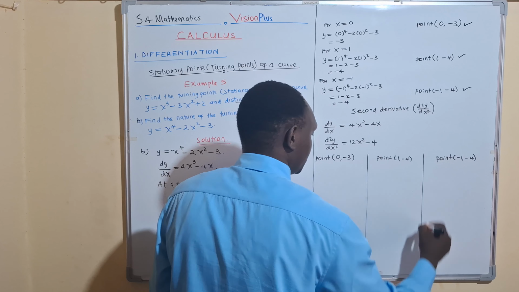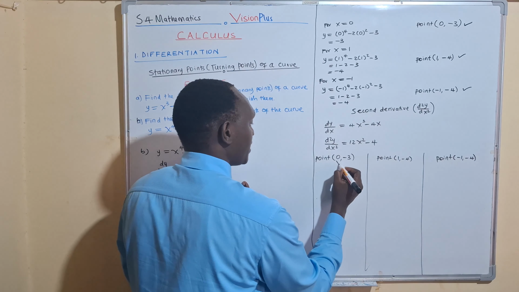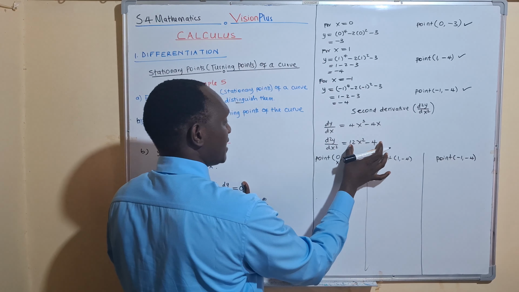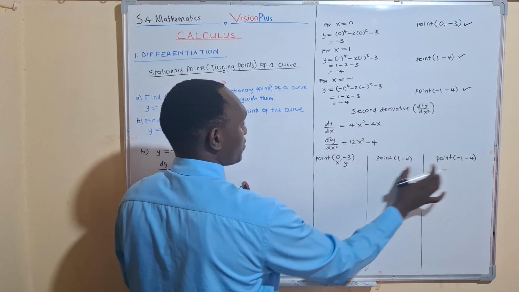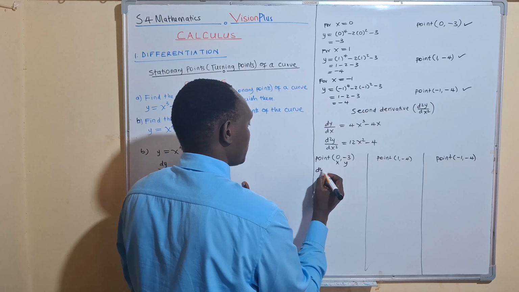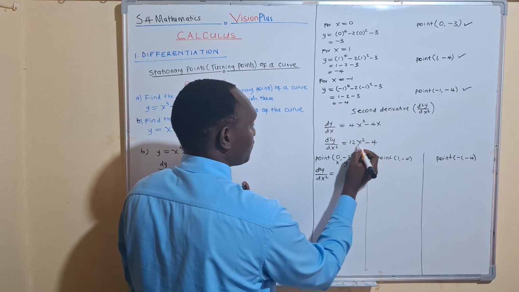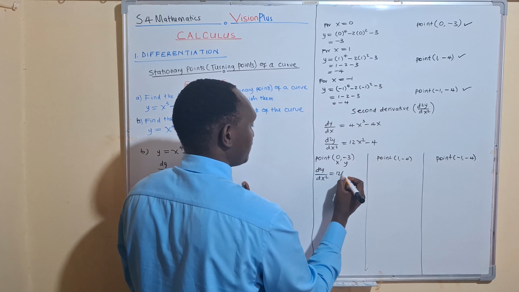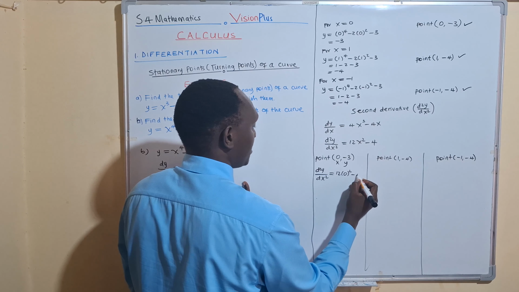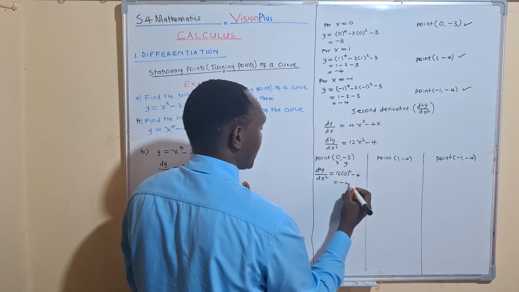Now from here, we know that this is x and y. We shall always use the second derivative for points 1, 2, and 3. Therefore, d squared y over dx squared equals, we substitute for x here 0, so that we have 12 times 0 squared minus 4. This gives us negative 4.